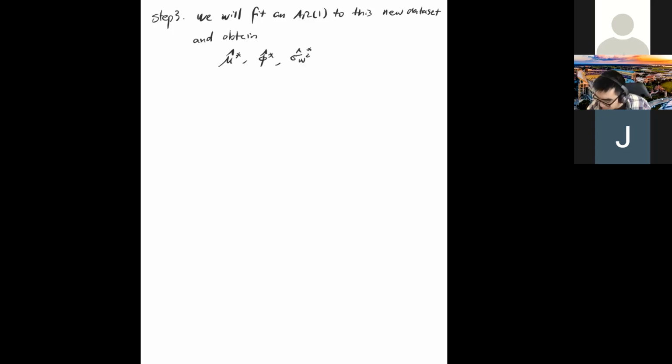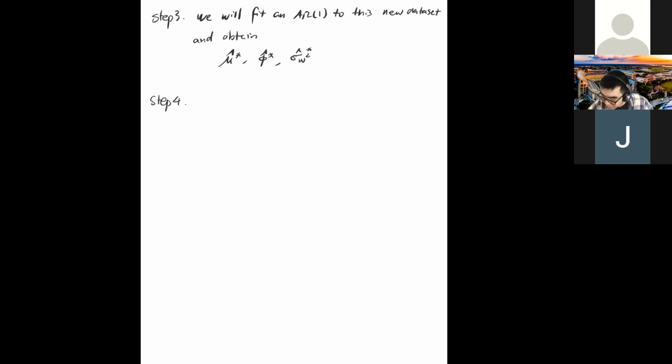Step number 3 is that we will fit an AR1 to this new data set and obtain mu star hat, phi star hat, and sigma_w squared star hat.